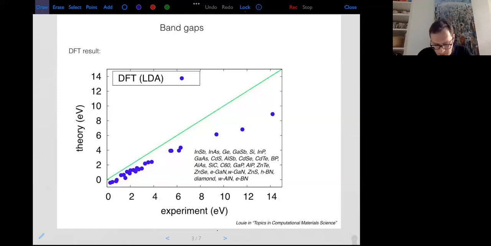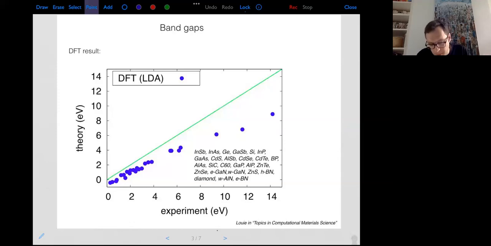For materials with large band gaps on the right-hand side, the LDA gaps often underestimate the true gaps by several electron volts. And sometimes when you look at materials with very small band gaps, DFT actually predicts a negative gap, so it gives you a qualitatively different result and predicts the material to be a metal when in fact it's a small gap semiconductor.